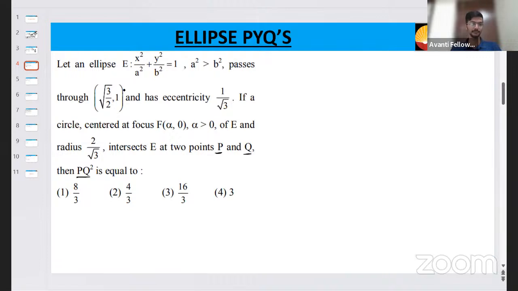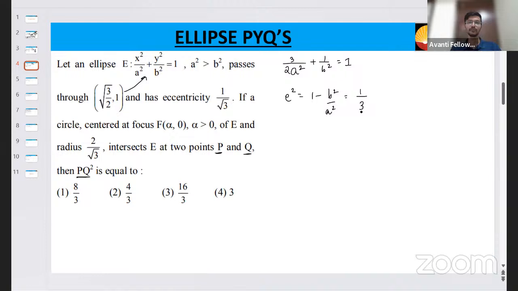First, the ellipse passes through this point, therefore it must satisfy it. So if I substitute it, I'll get 3 by 2A square plus 1 upon B square is equal to 1. Correct? And eccentricity: we know that E square is equal to 1 minus B square upon A square, where eccentricity is given as 1 by 3.